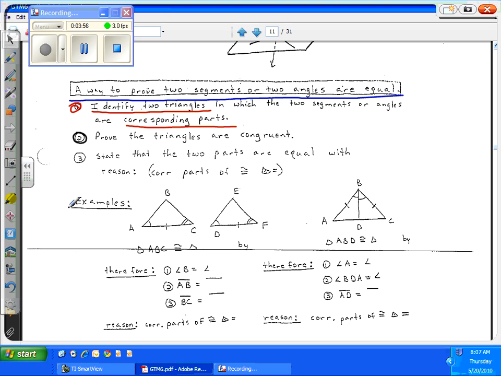And then once you've proved that the triangles are congruent, you then could say that those two parts are equal, and the reason we use is corresponding parts of congruent triangles are equal. And we've alluded to that already. Again, as we said in the homework before, we like to try to discover things ahead of time if we can, and then make a rule about it.